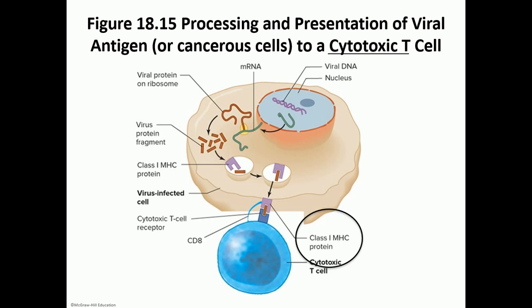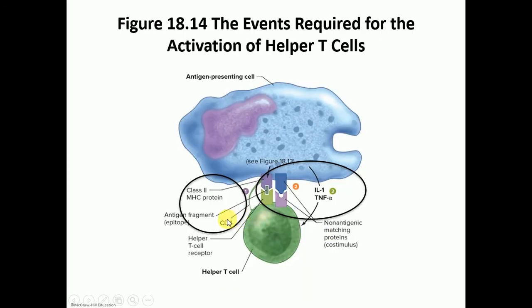I know it's a very cringy way, but it just helps me figure out which one is which. So the cytotoxic T cell that has CD8 on its surface needs to interact with class 1 MHC. So if you multiply 8 by 1, you've got an 8. While in this case, your CD4 needs a class 2. So again, if you multiply the 2 and 4, you get an 8.